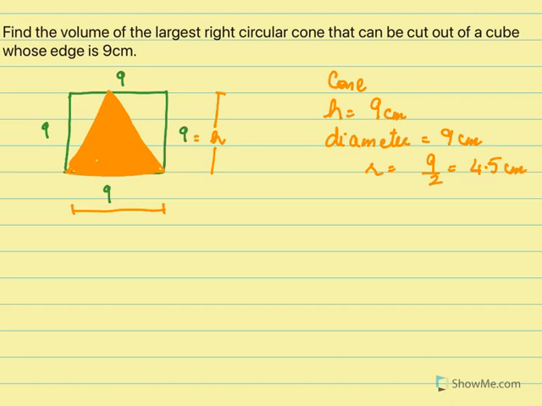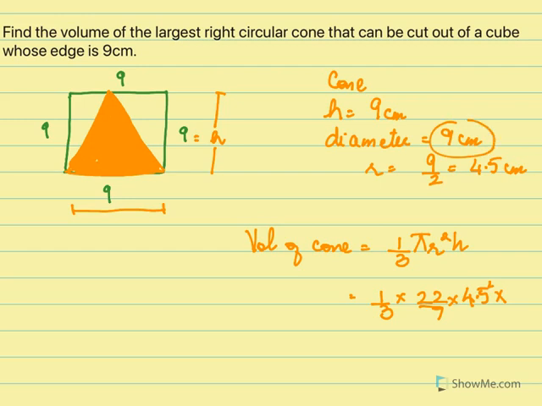I need to find the volume of the cone. So volume of cone is 1 by 3 pi r square h, 1 by 3 pi, 22 by 7. We see the r is 4.5, so 4.5 square, and the h, oh no, the h is 9. So into 9.